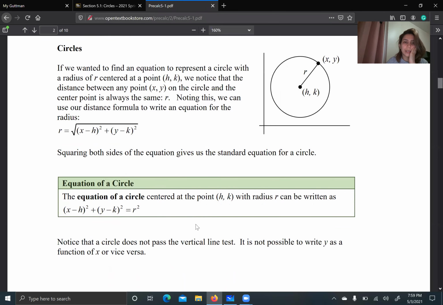We came up with the equation of a circle.